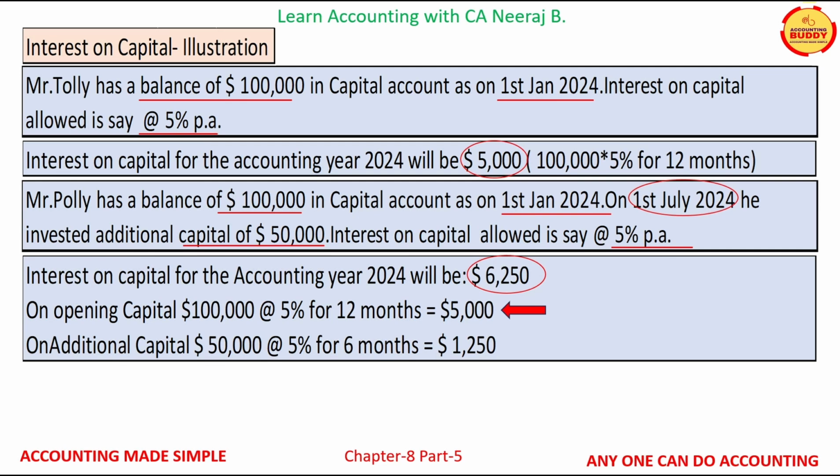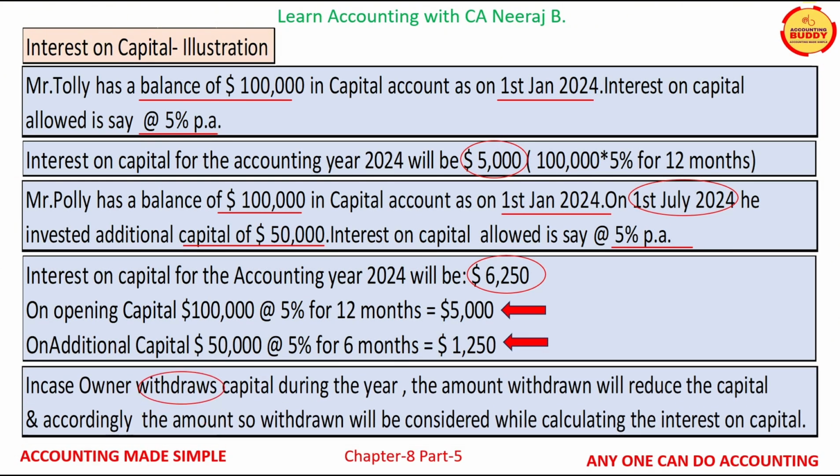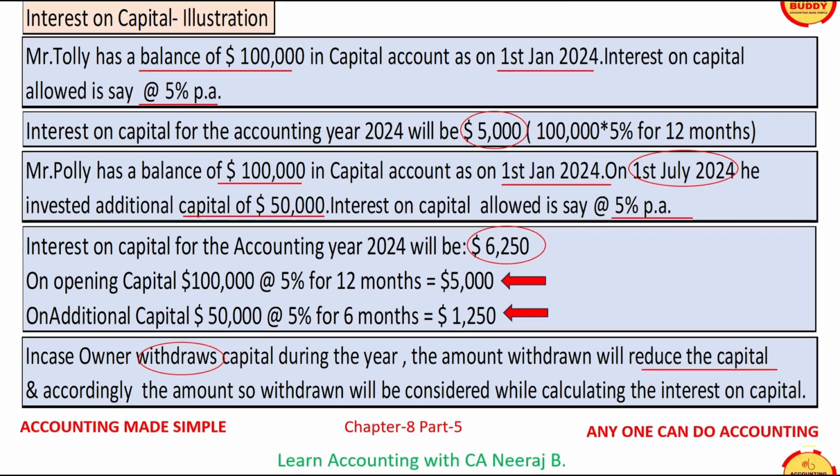And on additional capital of $50,000, interest at 5% per annum for 6 months is $1,250. In case the owner withdraws capital during the year, the amount withdrawn will be reduced from the capital, and accordingly the amount so withdrawn will be considered while calculating the interest on capital.